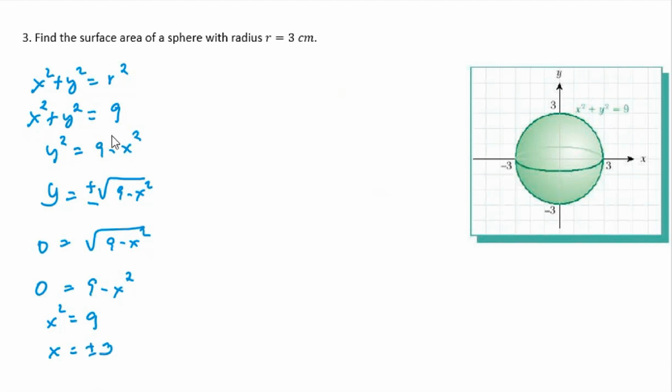So the interval, as you can see, in terms of x, is from negative 3 to positive 3. Okay. Now let us use the arc between x equals 0 and x equals 3 and rotate it. So this will give us half of the surface area of the sphere.